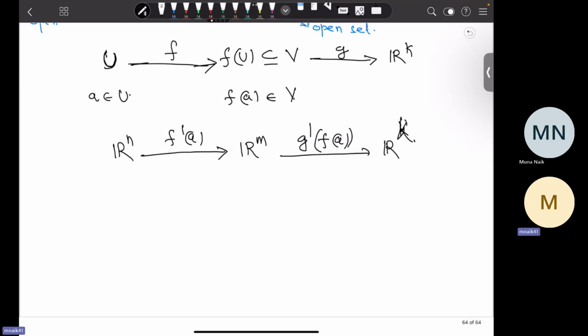Now the composition rule says that... So we'll show... So it is the chain rule.